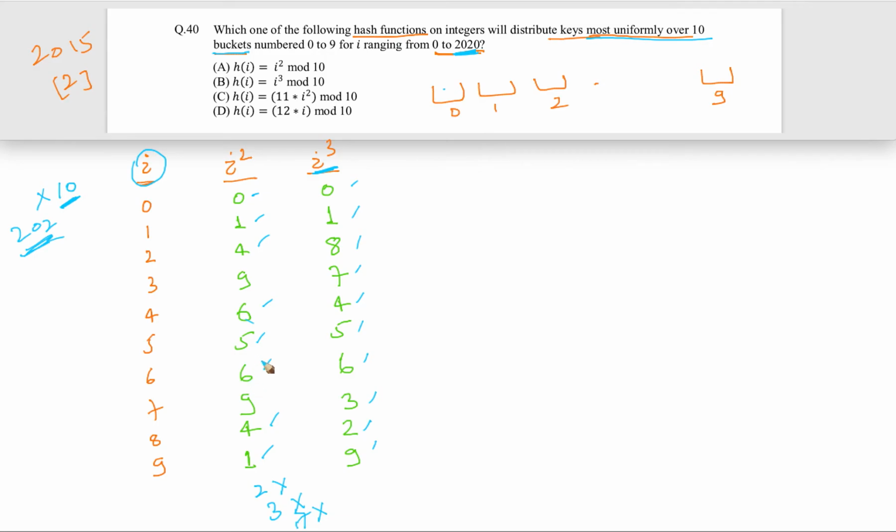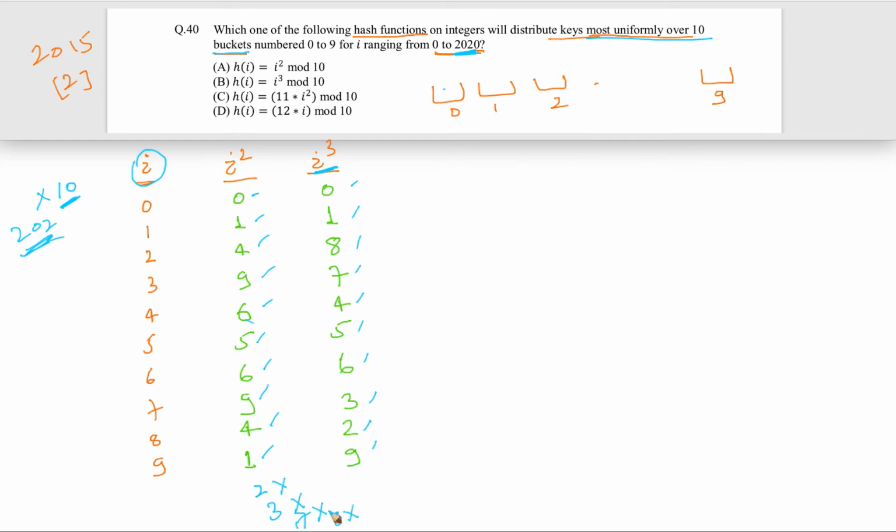Then 8 is also not there, and 9 is there. So among these 10 buckets all the values are going into only 6 buckets, and there are 4 digits, 2, 3, 7, 8, that are missing.